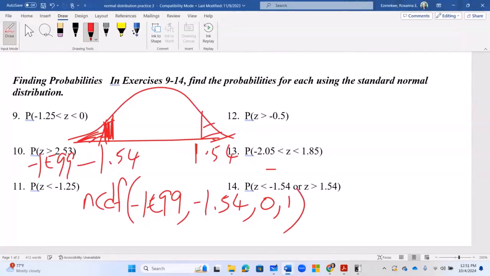So I'm going to find the area to the left. When I find the area to the left, I multiply by 2 because the normal curve is symmetrical. All right, so I'll get my calculator and put the information in.